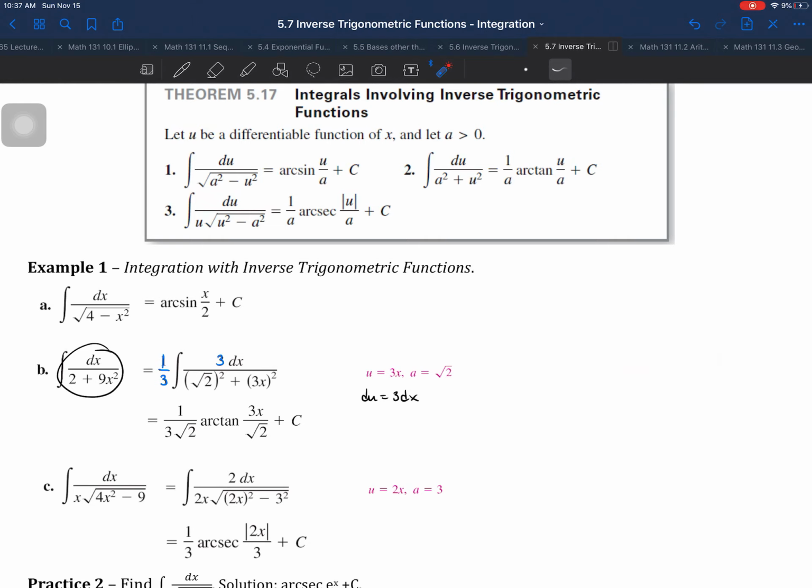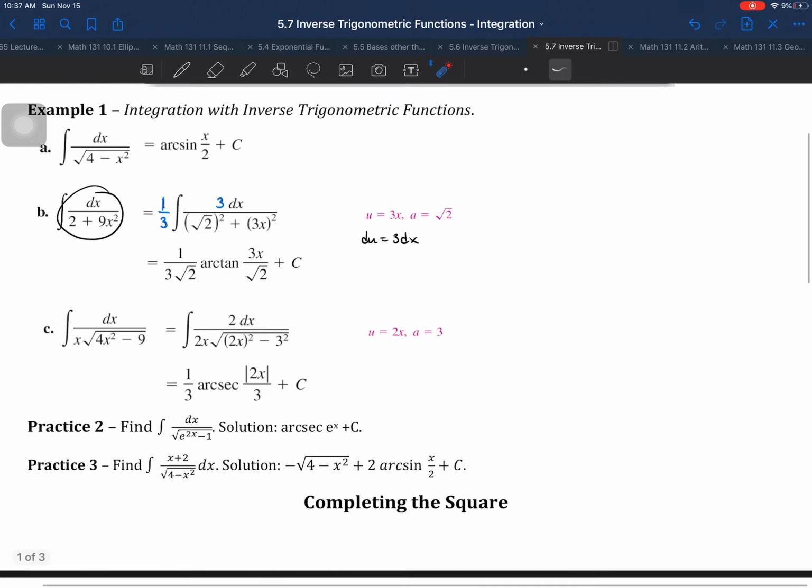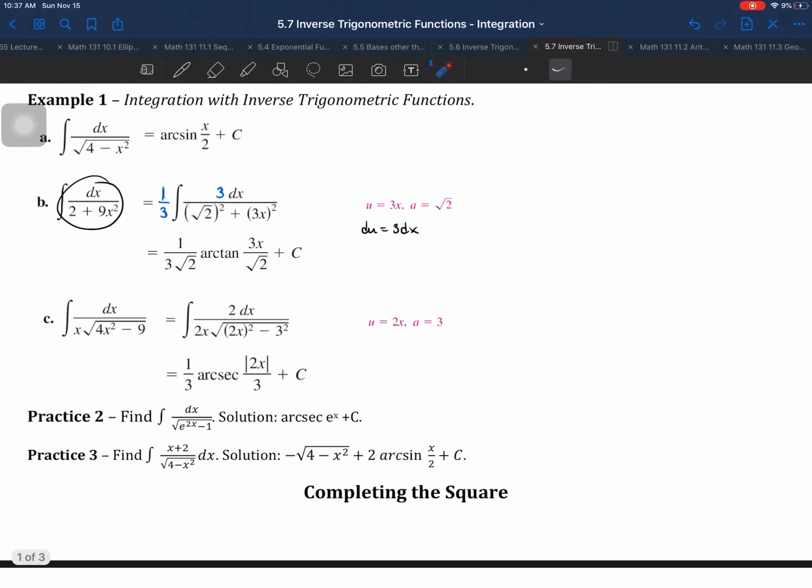But using u substitution along with the arctangent allows us to actually do this, right? Here you would use u substitution with the power rule, and it wouldn't work, or sorry, with natural log. So it wouldn't work, right? So now it's u substitution but with an additional rule, which is the inverse rule.